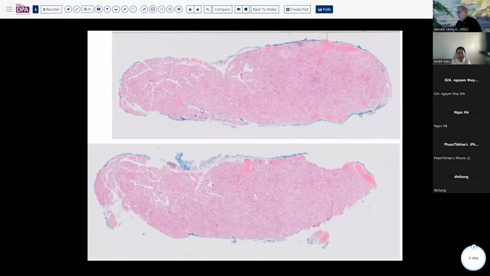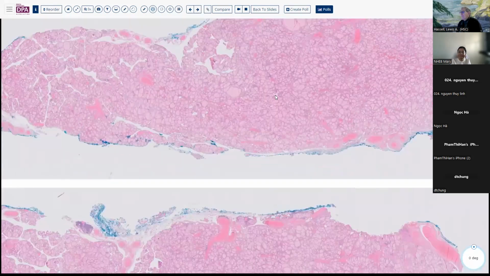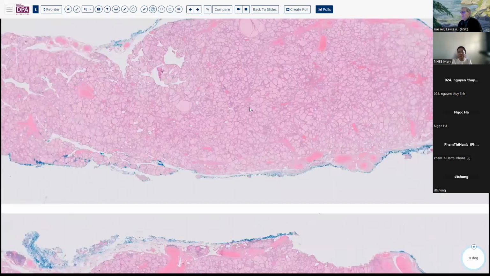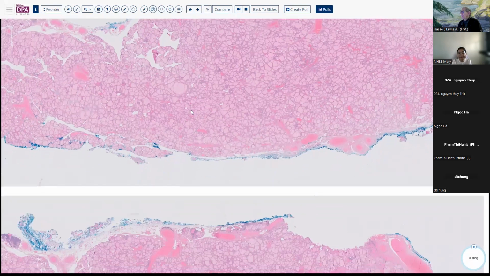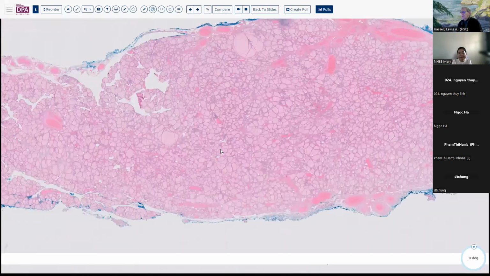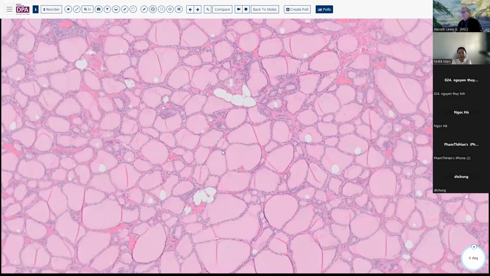Okay, well, this is something that we see more often, the thyroid. So this is just to remind us of what the normal thyroid looks like.